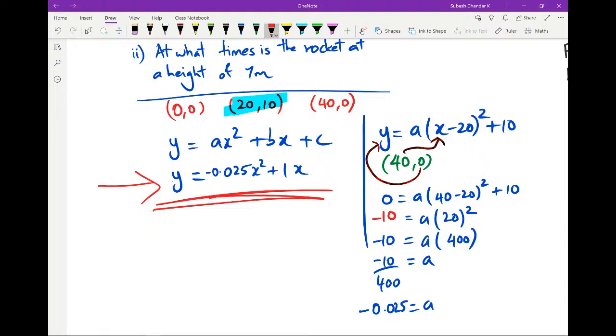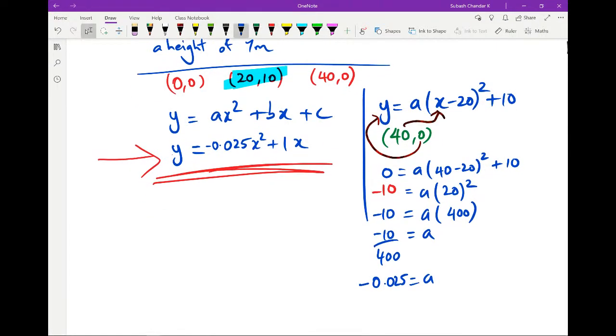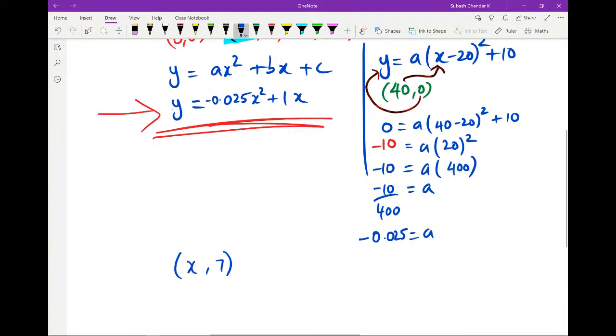Okay, going back to this question, guys, we still haven't answered the question. All we've discovered is the equation. The question asks us, at what times is the rocket at a height of 7 meters? That means the question is asking, what is the x value when the y value equals 7?